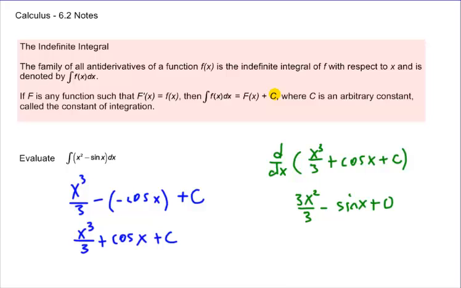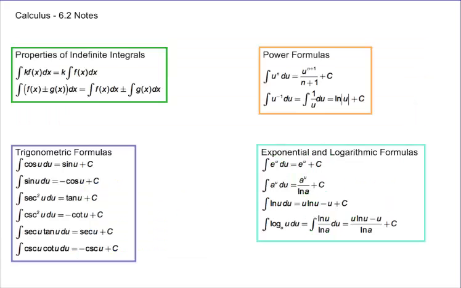When we simplify that down, you get back to where you started inside your integral. So that's all there is to it. It can be very complicated, and there's a lot of different things that you can do, but on some of these introductory problems, you're just looking for the antiderivative and a constant.